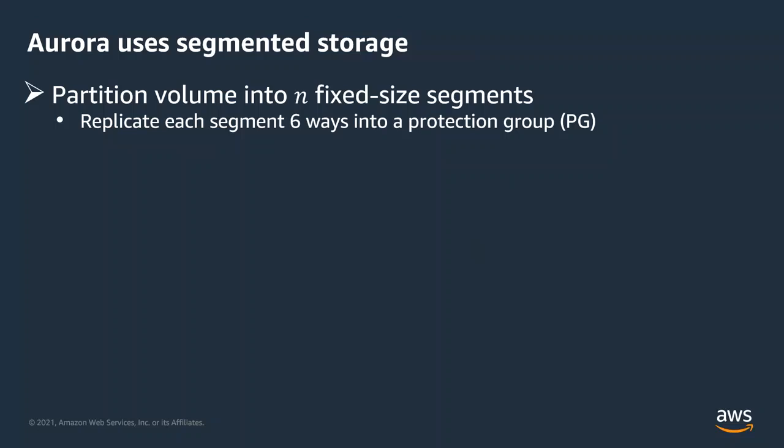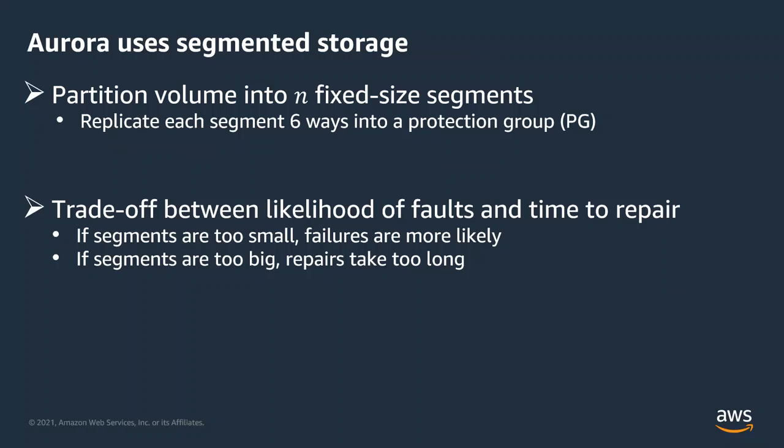Okay, so then the interesting question would be, if you're using hundreds or thousands of machines for spreading the storage, how are they partitioned? First, we partition the data into what we call protection groups. It's a unit that is replicated 6 ways.